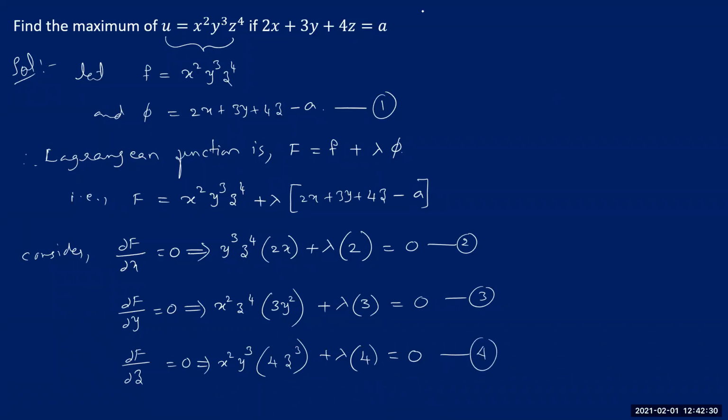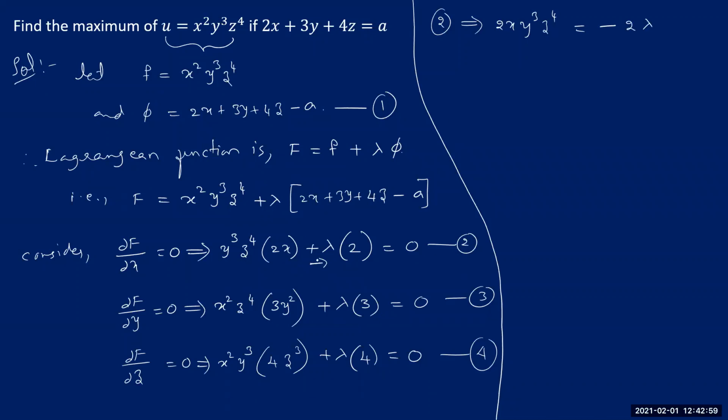Now let us rewrite these equations. Equation 2 implies, how can we rewrite this? You have y cube, let me write it like this: 2x into y cube z power 4 is equal to minus 2 lambda. I'm sending this term to the other side and multiplying these three.